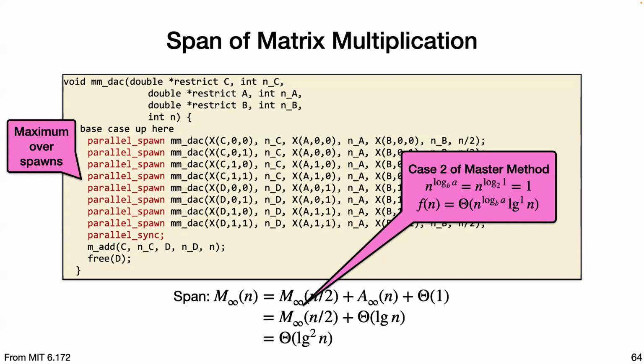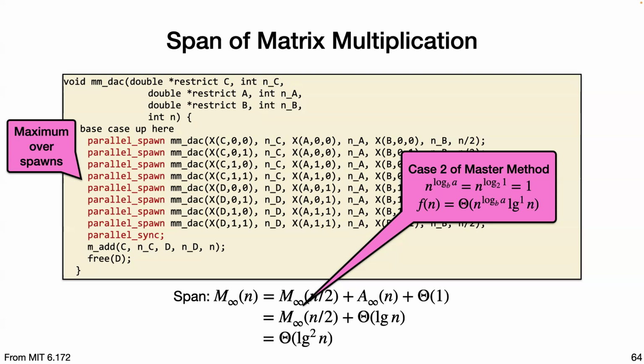Okay. To analyze the span, all the subproblems can proceed in parallel, so there's no constant in front. a is 1, because you just take the max, and the subproblem is size n over 2. The span of the sum we just did as log n, so f of n is log n, and this becomes log squared n by the master theorem.